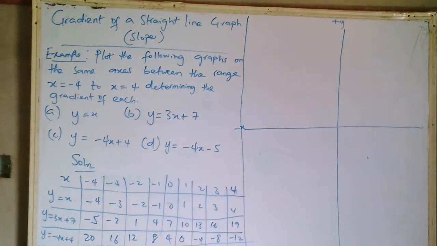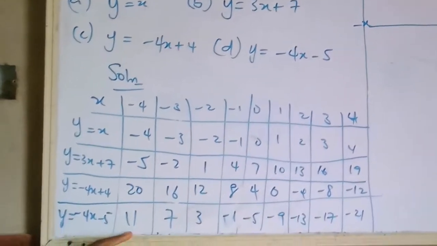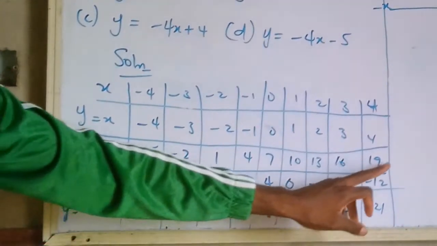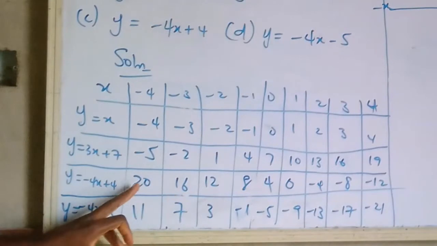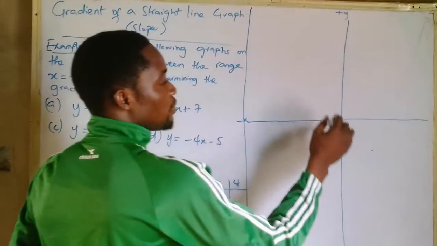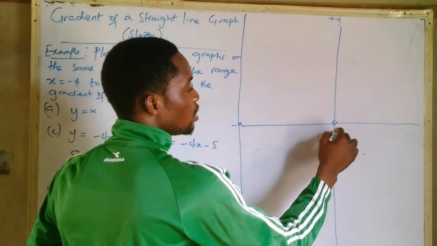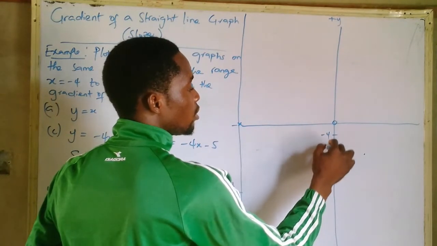Now, what's the highest value of my y? I have 16 here, I have 19 here, I have 20 here. Okay, so let me use 4 to be on this far side. So this is 0, this is -4.